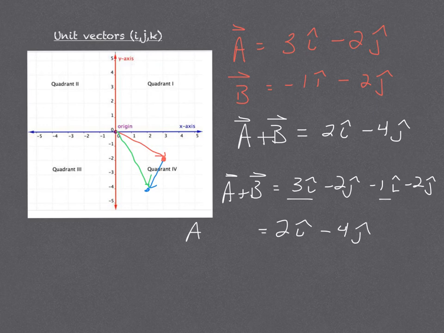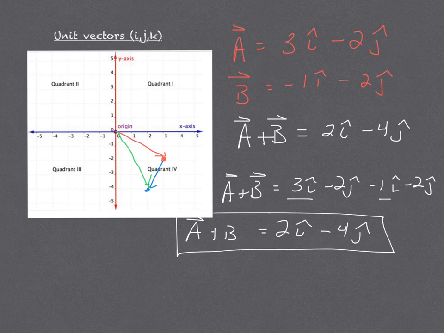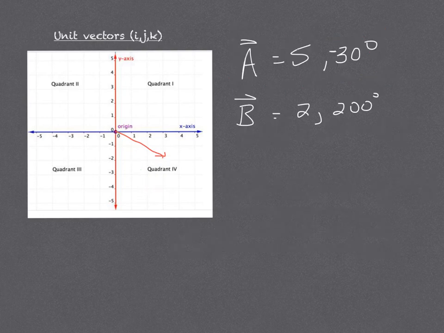So when we add vectors in unit vector form, super easy. It's way easier if we're given vectors in a polar form. The form that we used last year is a polar format, which looks like that. So they're given the magnitude and the direction of the vector instead of the actual locations. So I'm going to go over that in the next video.